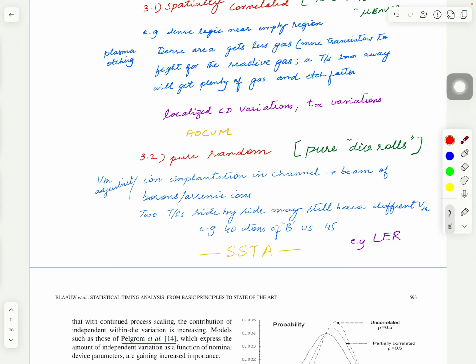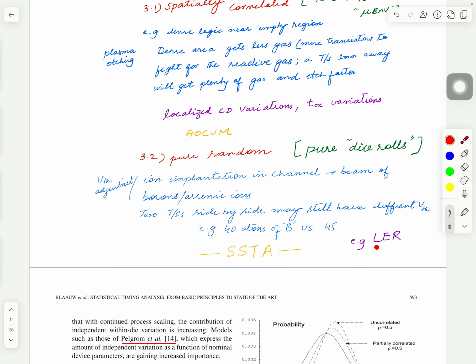Different amounts of impurity atoms will have slightly different threshold voltages because they will have different carriers that you want to bring to create a strong inversion for threshold voltage. And that is pure random. You bombard them with boron or arsenic or whatever impurity atoms you have. One device might have 40 atoms, another 45 atoms. Very hard to control at that level.